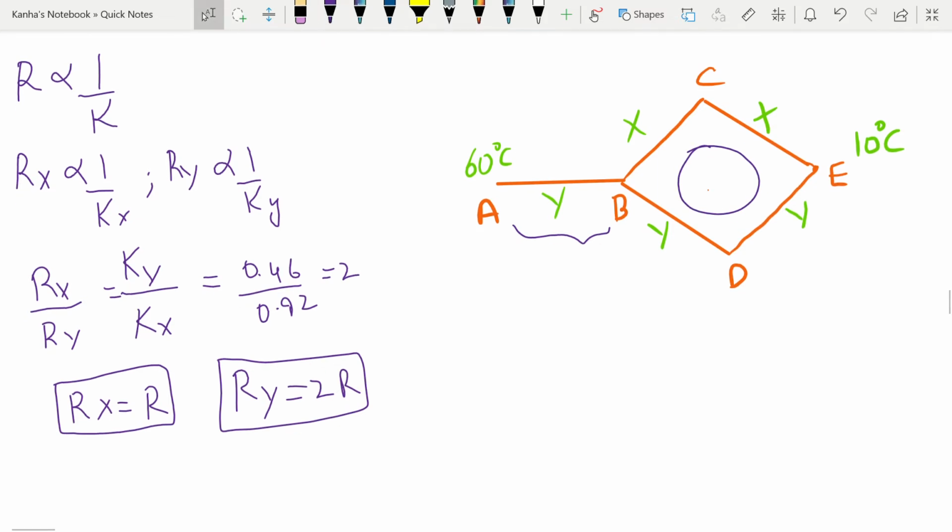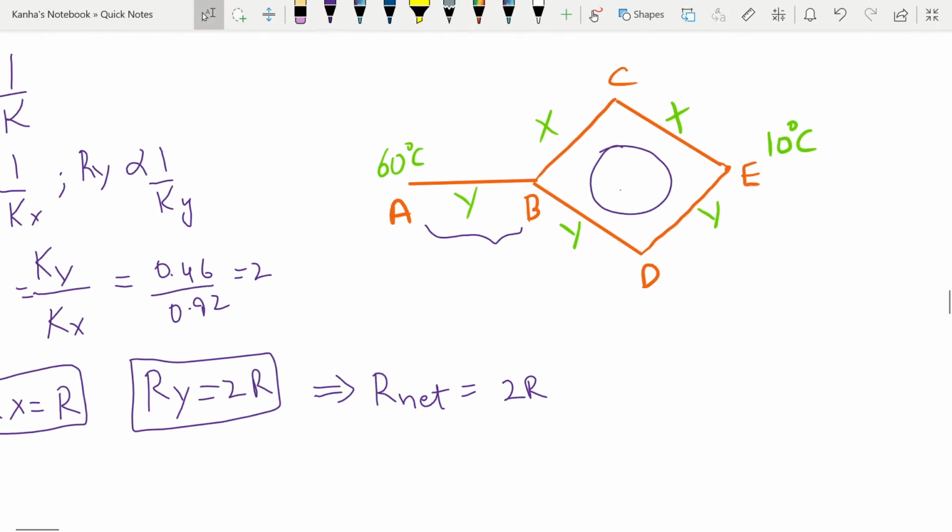As we have already seen how to apply these resistances in series and parallel, I can write my R net as 2R, which is in the section AB, plus this material is in parallel, so I have 2R into 4R by (2R plus 4R).